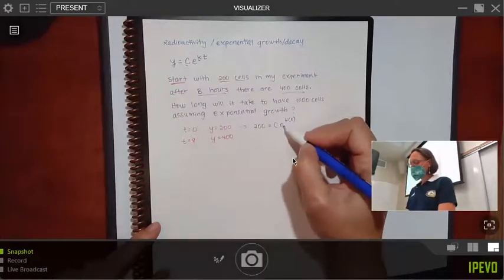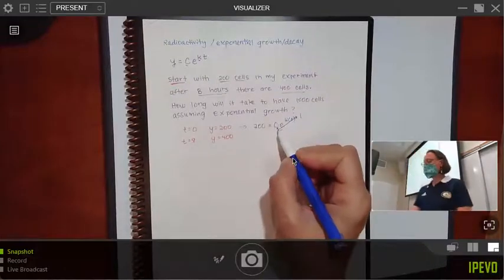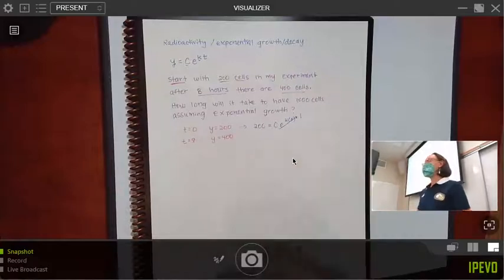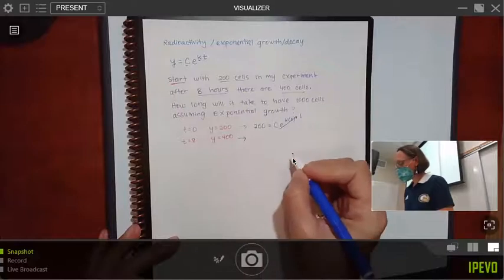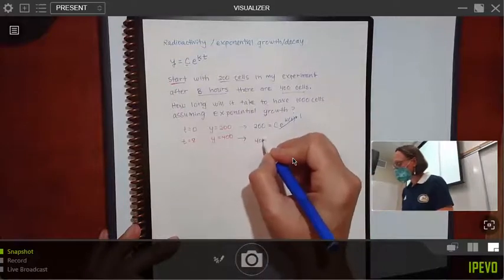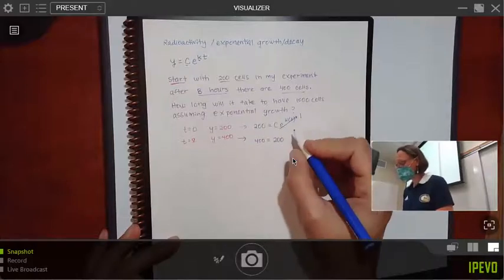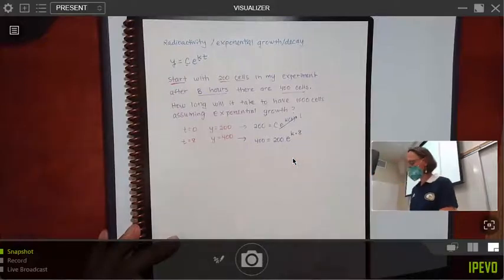But e to the 0 is 1, which means that the value of that constant C is 200. Now that I know that, I can use the second point. I've got that 400. I'll replace the C with 200 now, and then we have e^(k times 8).